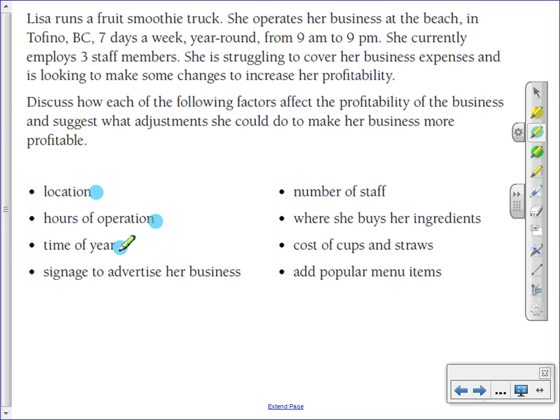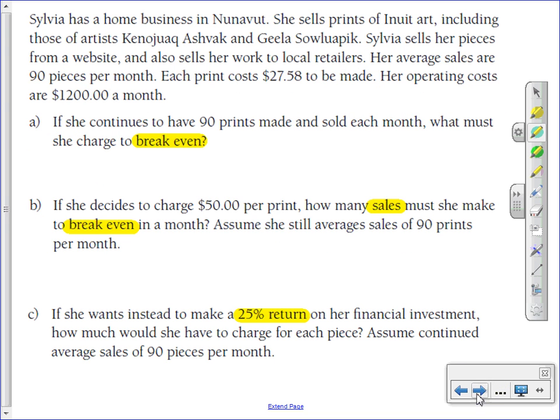Should you be open all year? Where do you advertise? Is 3 people too many to be employing? And where are you buying your ingredients? Are you buying them at a wholesaler? Are you buying them at the Safeway or what? And what about the things that you use to hold the product in the yogurt? And what other items might help your menu to make it more appealing to other people? Lots of factors that affect business.